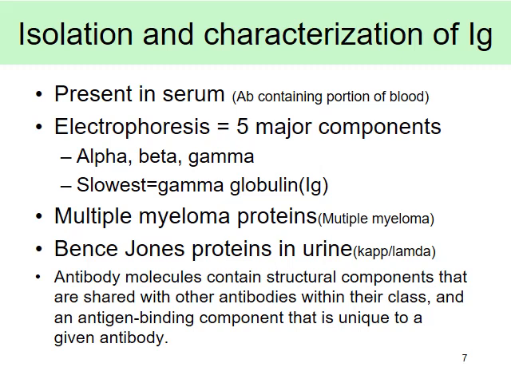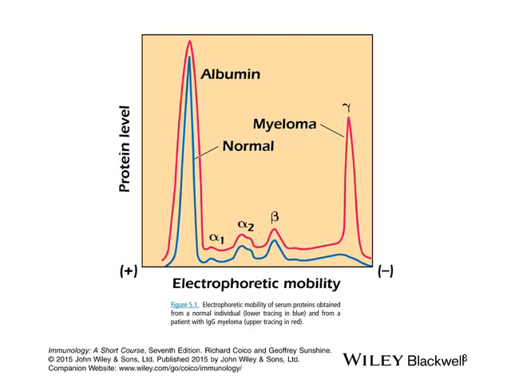We tend to teach you normal and abnormal at the same time, just to give you an importance for that. Now, if you were to run all these proteins, as you can see from here, on an electrophoresis gel, all the serum proteins from a normal individual, going from cathode to anode, you will see albumin and globulin and others.